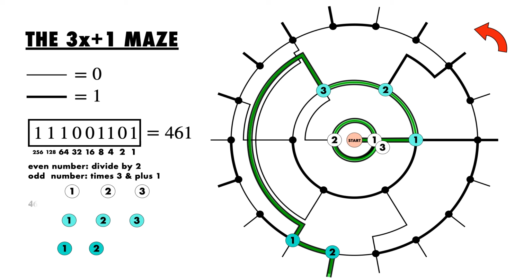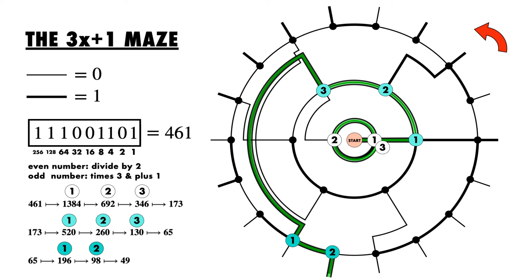And what do we see? 461, exactly 3 even numbers before reaching the odd number 173. 173 also reaches 3 even numbers before reaching the odd number 65, and 65 reaches 2 even numbers before reaching the odd number 49. 332, exactly the number of visited nodes in the first, second, and third circle. So this is how the 3x plus 1 maze works.